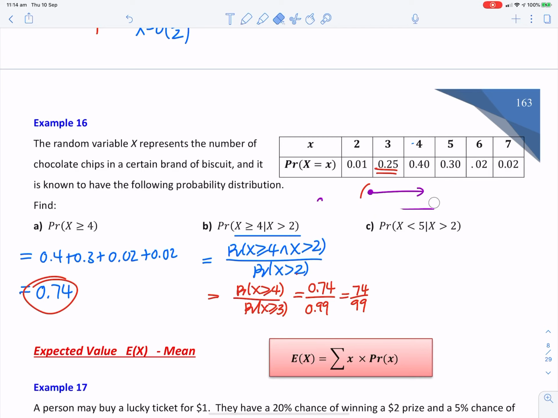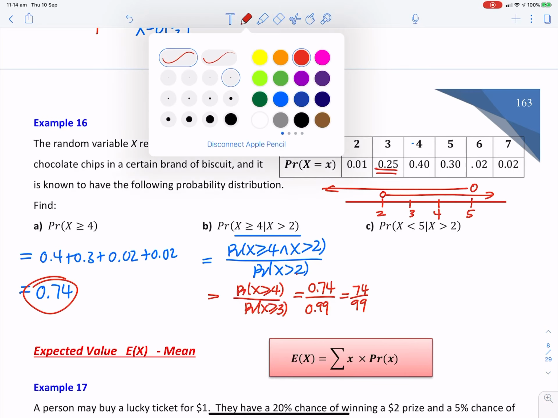And the next one, the probability that x is less than 5, given that x is greater than 2. Number line, 5, open circle to the left, 2, open circle to the right. Where do they intersect?